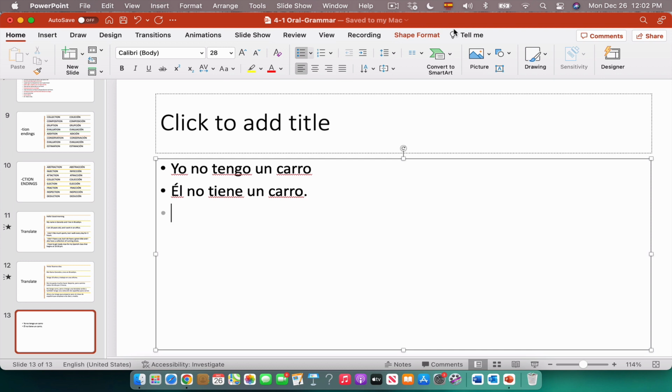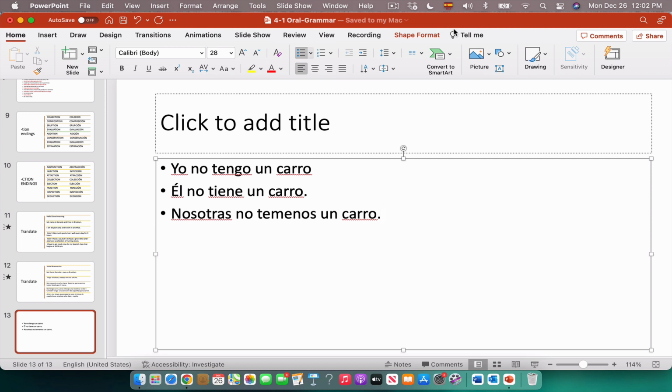Okay, what about we don't have a car? Well, in this case, it's going to be nosotras no tenemos un carro. Okay? So remember, if you want to make the sentence negative, you just put no in front. That will make it.